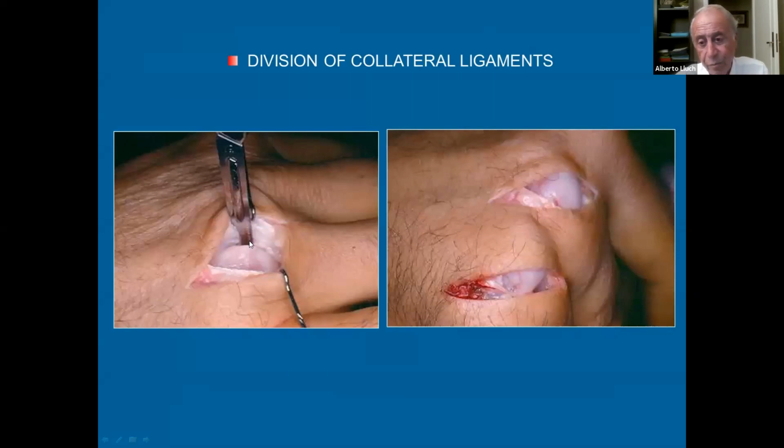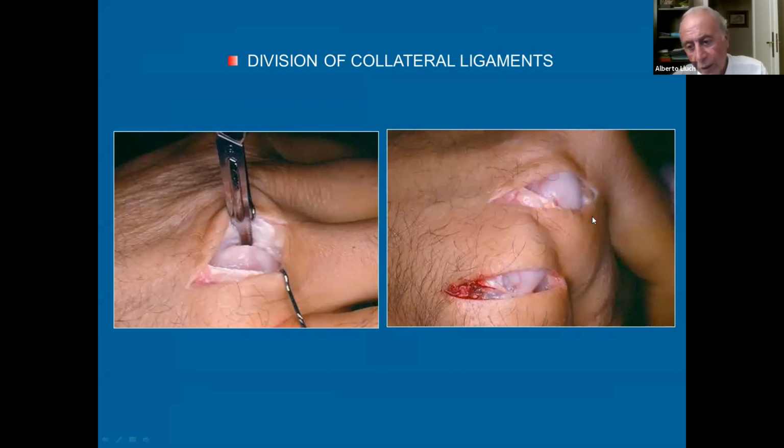Then, if needed, which is in most of the cases done, we cut the origin of the collateral ligament. So we put the blade at the axilla between the collateral ligament and the metacarpal head, and we turn the blade around 90 degrees, until we are able to flex the MP joint.